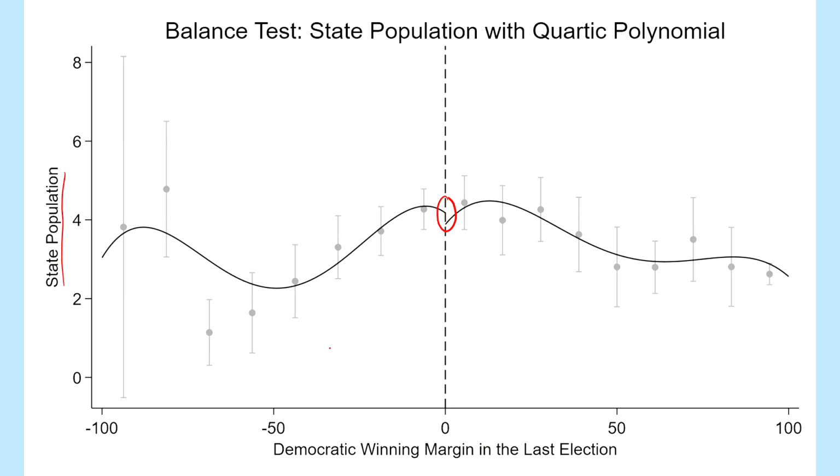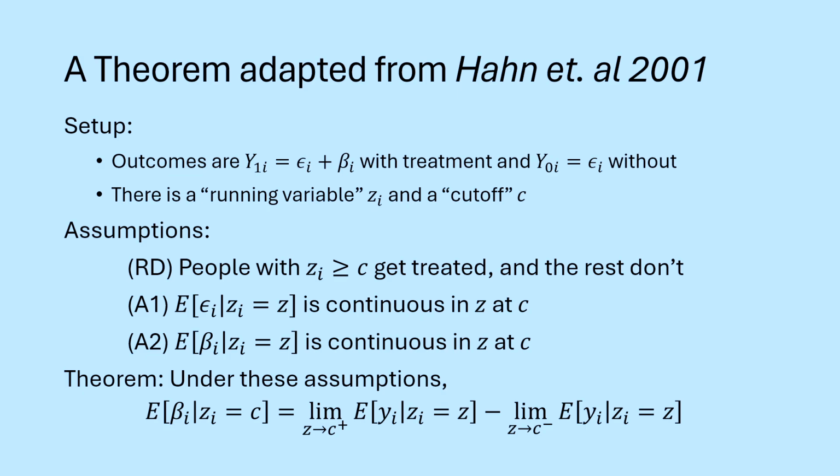In this case, we cannot say that there's any sort of difference here with any sort of certainty. The p-value on this difference is also outside of a range where we would normally reject the null hypothesis. So we think there likely is not a meaningful difference between these two lines, and we pass our balance test. Those are the two ways that you can test to see if running variable manipulation or something like that is going on with your regression discontinuity design.